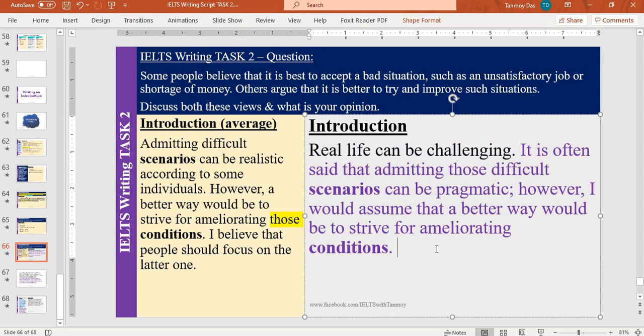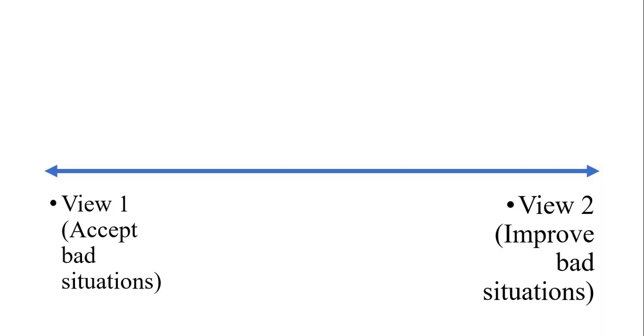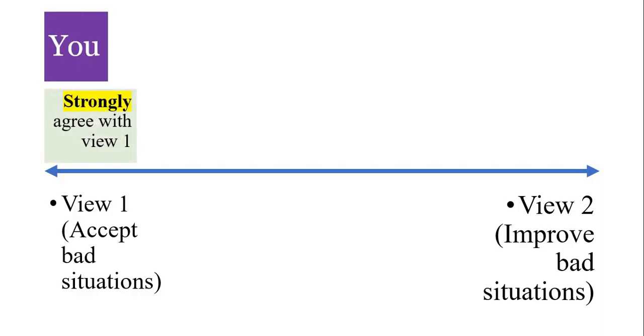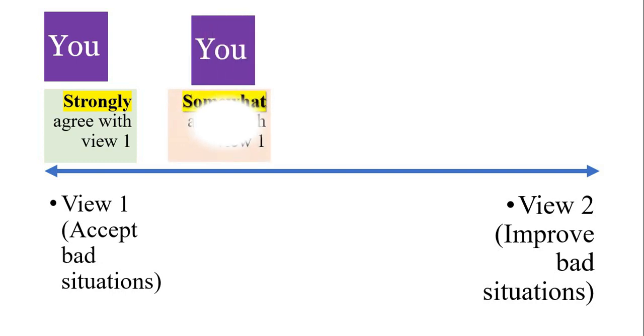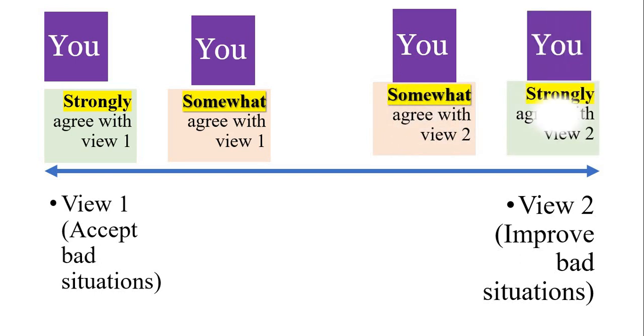Now one thing here we need to understand: what is your opinion? You can be here or maybe you somewhat agree. You need to state your opinion and write some of the contents accordingly. Maybe you are here or maybe you are here. Strongly agree with second point.